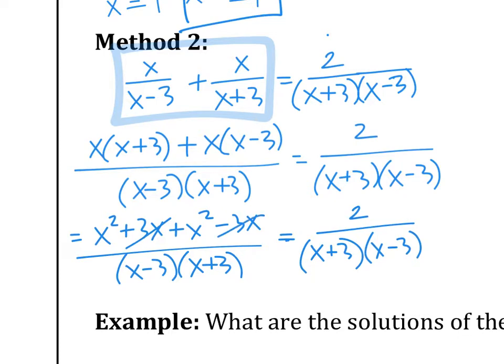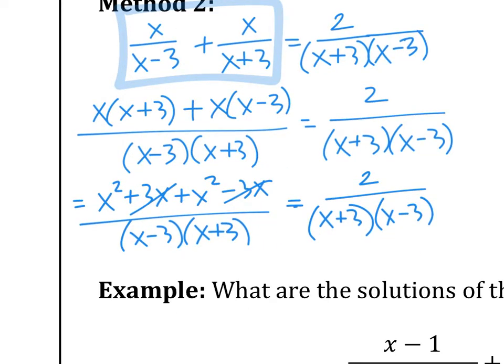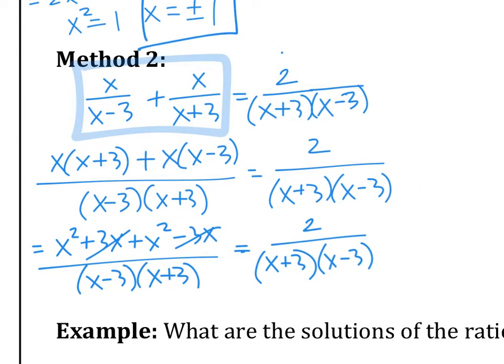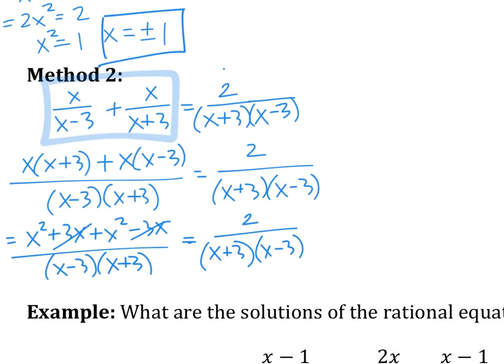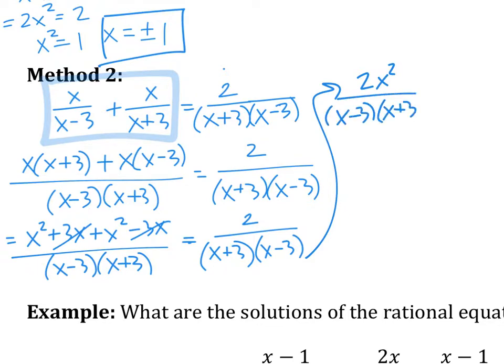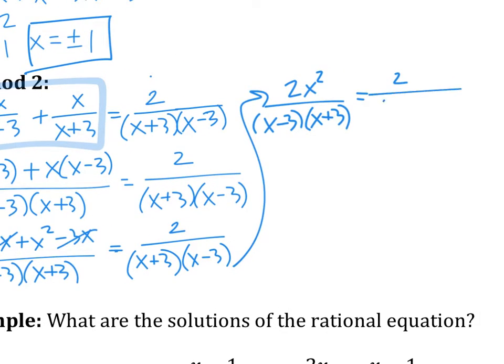And that 3x is going to cancel. Two x squared over x minus 3, x plus 3 is equal to 2 over x plus 3, x minus 3.